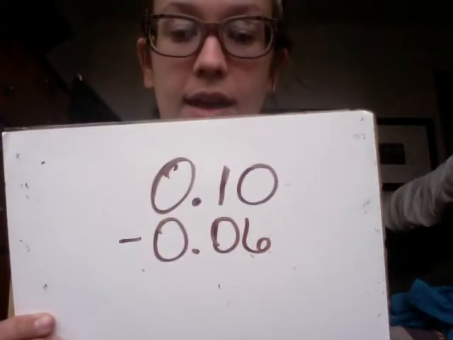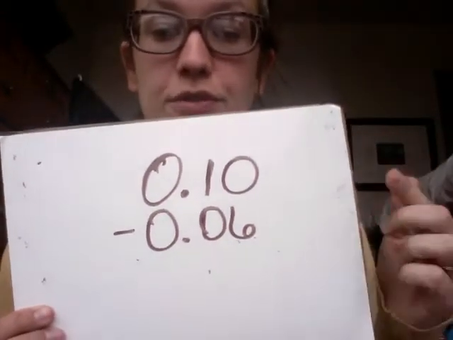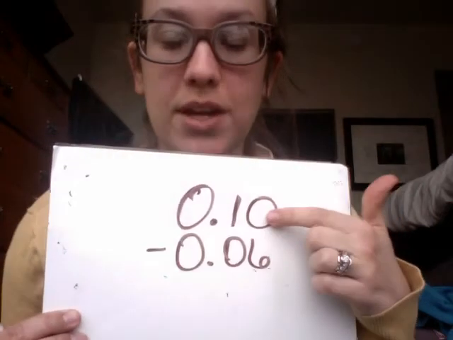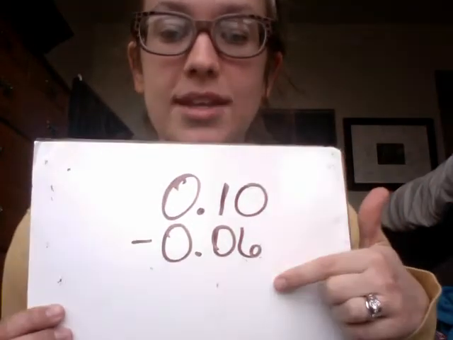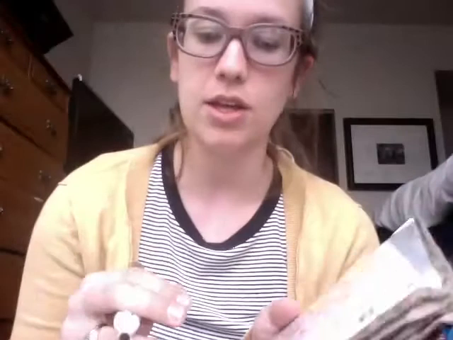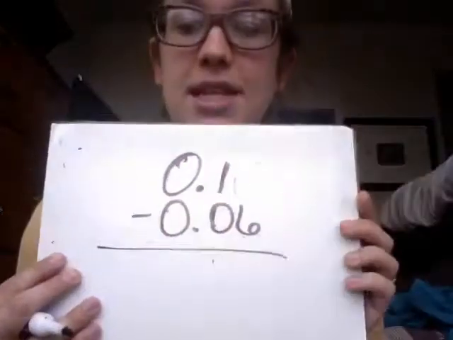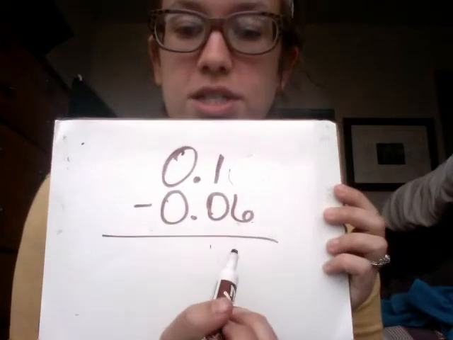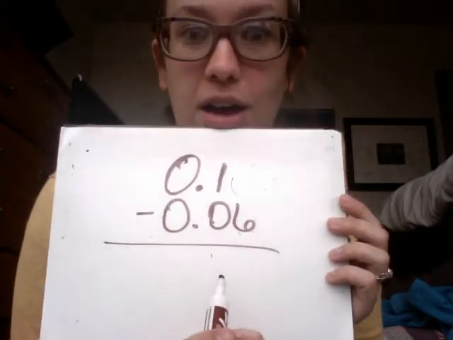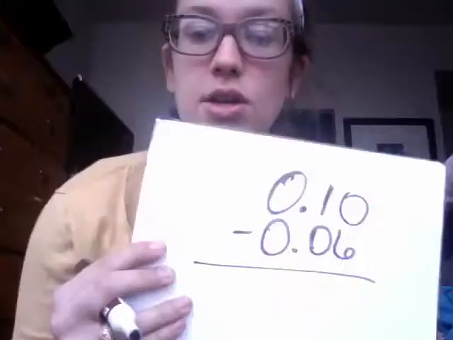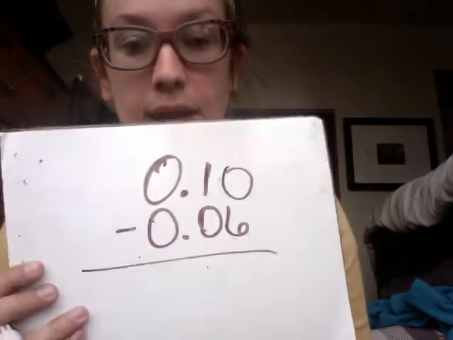So I'm going to add a 0 here so that I can line up my 6 hundredths without any problems. If you don't write the 0, you might be tempted to just bring your 6 down. But that's not correct. So I write the 0 here so that I'm not confused about what's happening.